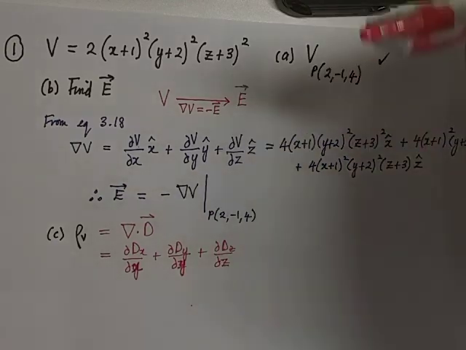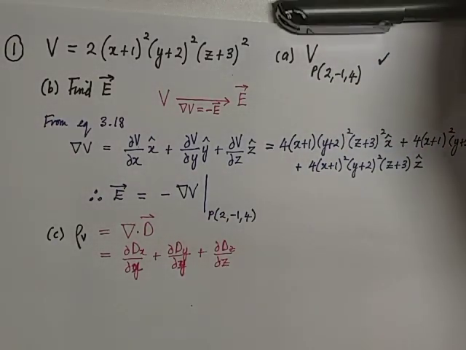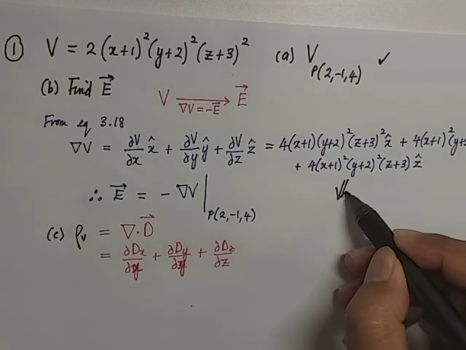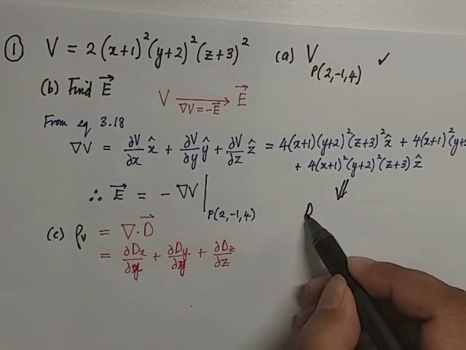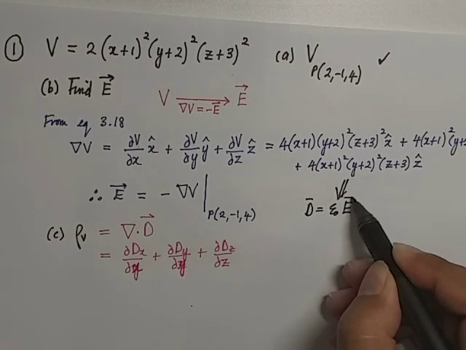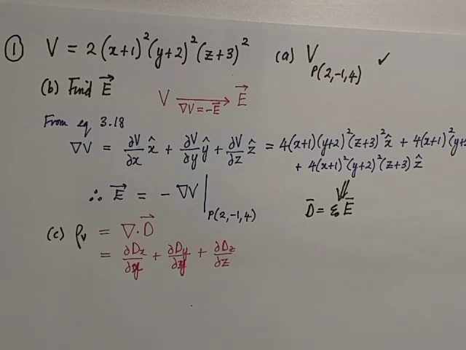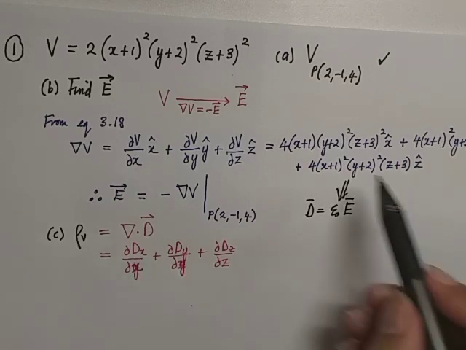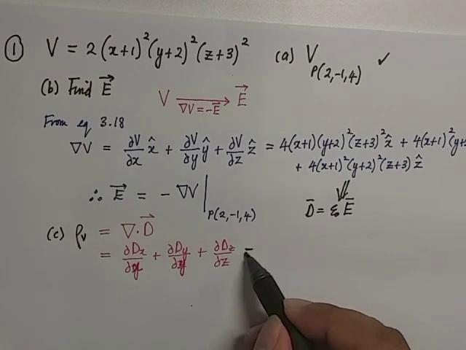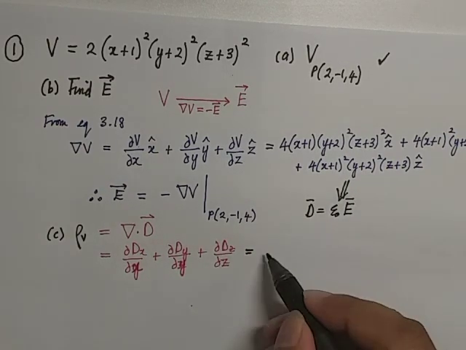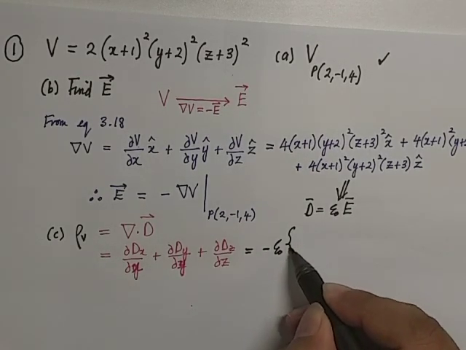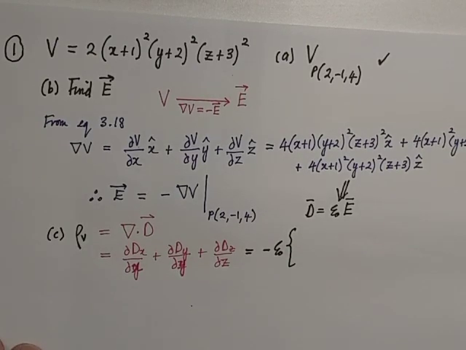So from the equation that we obtained just now, we have to first find D equal to epsilon naught E. Then we substitute, taking only the term for Dx. What we're going to have is negative epsilon naught first, then a bracket.